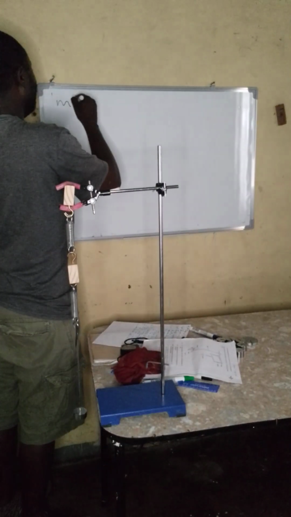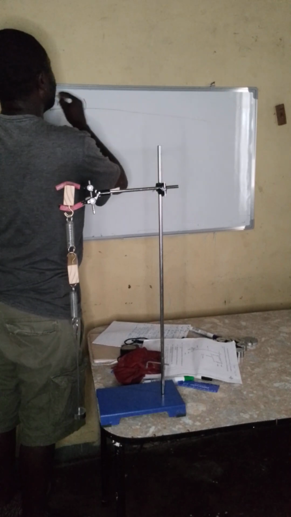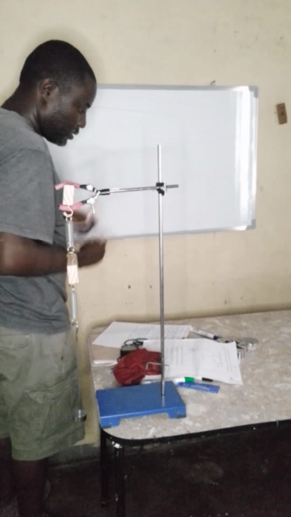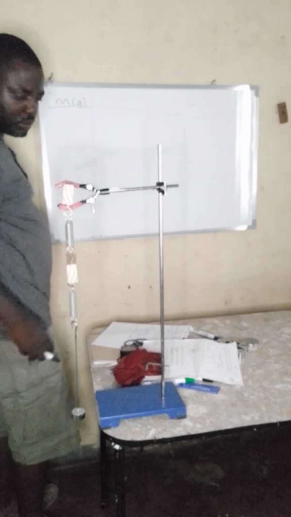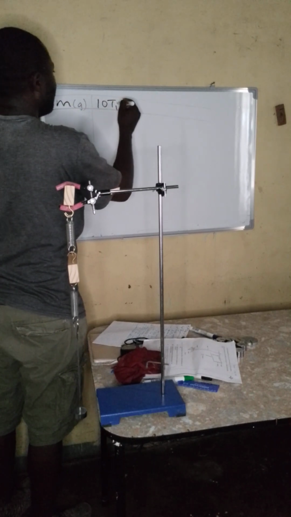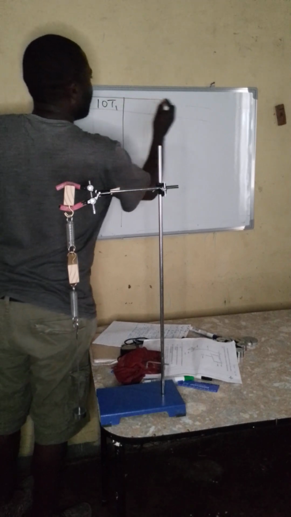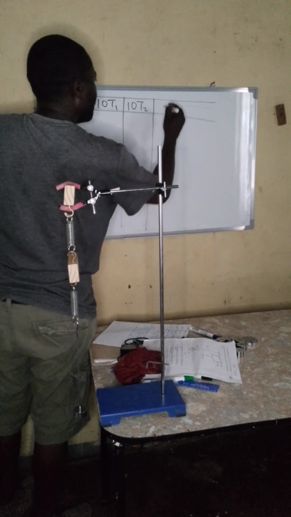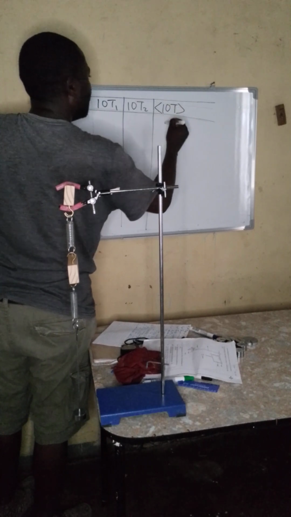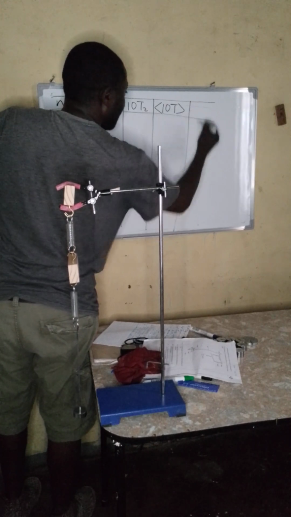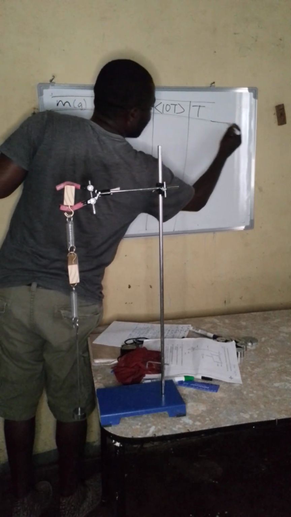So remember our table: there is M in grams, 10T1, 10T2, 10T3, then we should have a column for T. I have not put a column for T there.